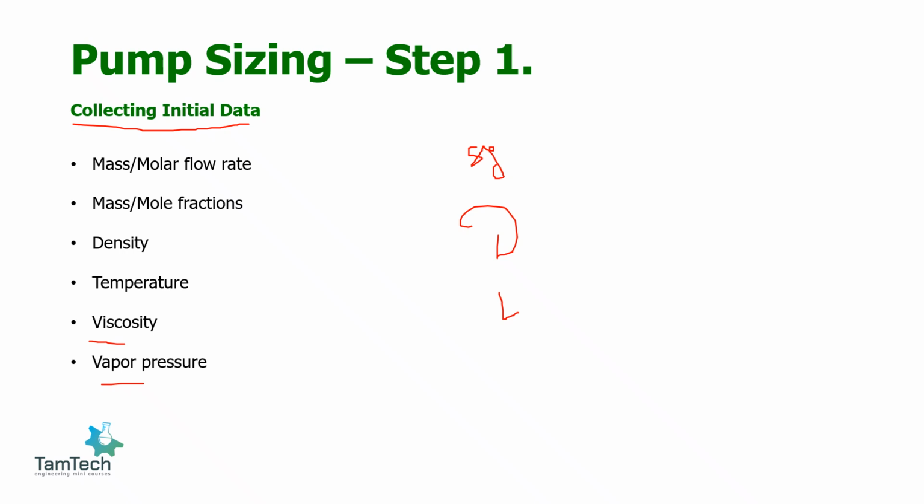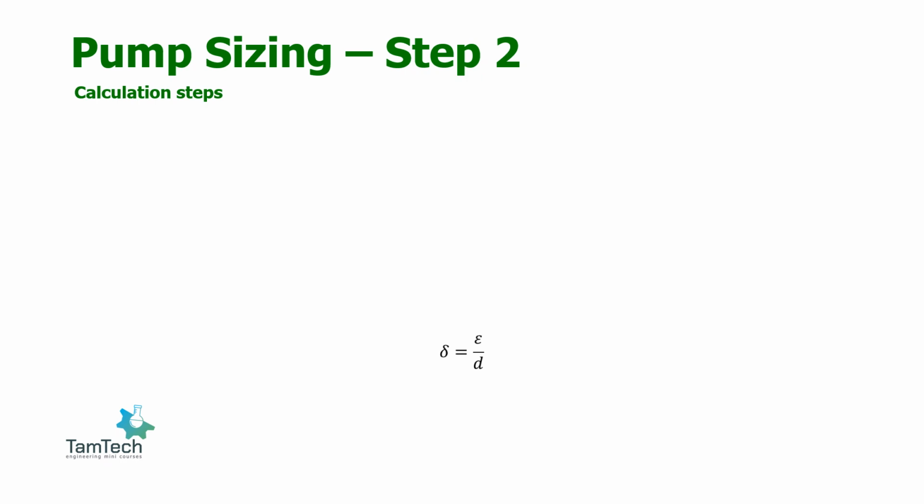After collecting all initial data, we need to calculate some requirements in order to know whether our fluid is laminar or turbulent. We will use the Reynolds number to determine this, because in the end it will affect the friction factor and pressure losses. For finding the Reynolds number, we need velocity.